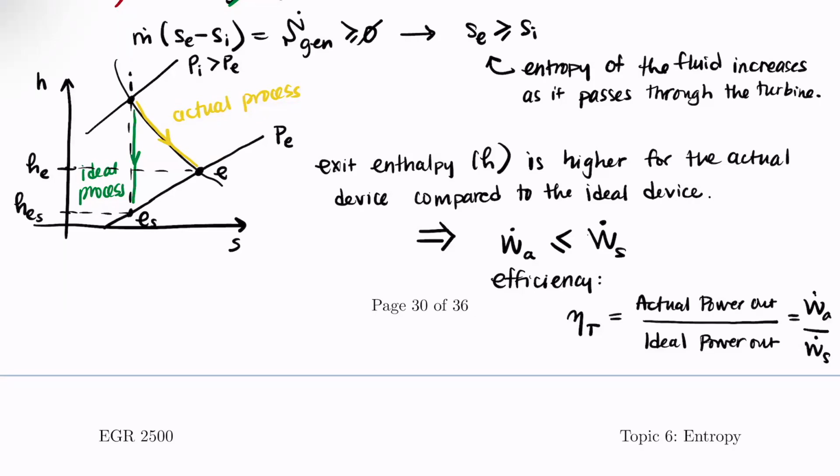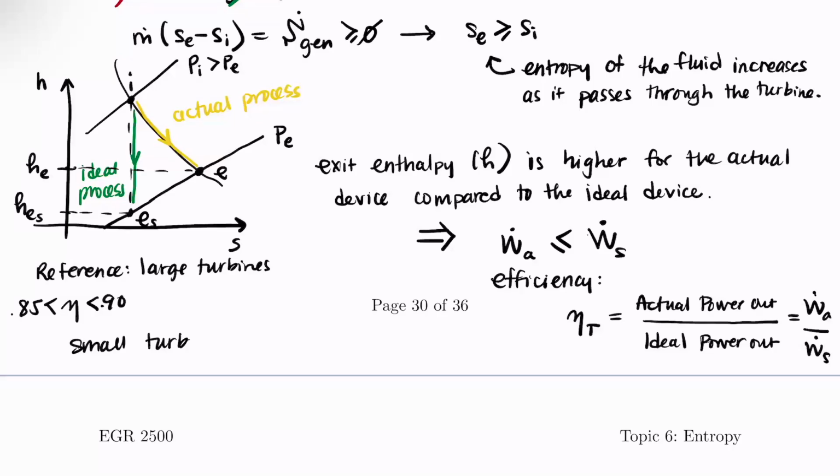So for reference, large turbines typically have efficiencies between 85 and 90%. And then small turbines, bless you, have efficiencies generally below 70%.